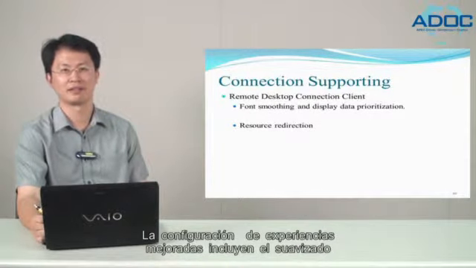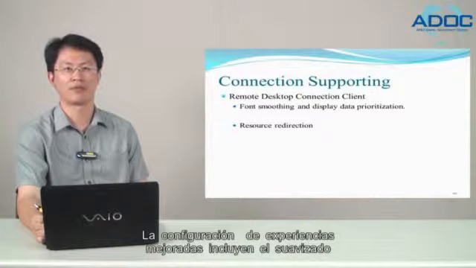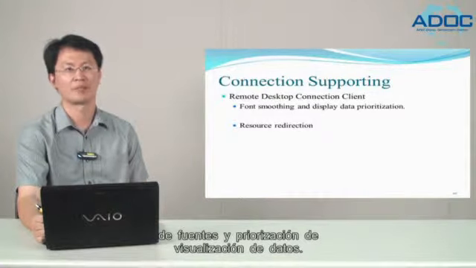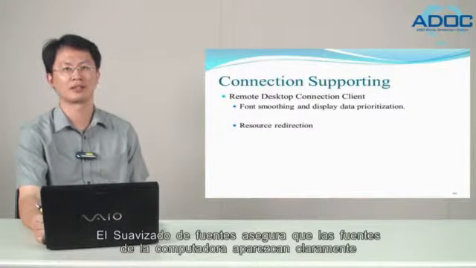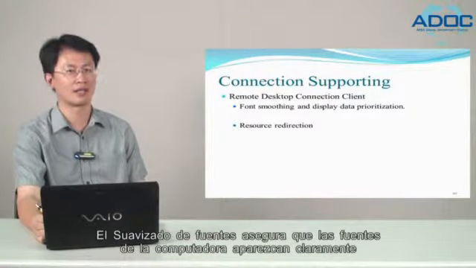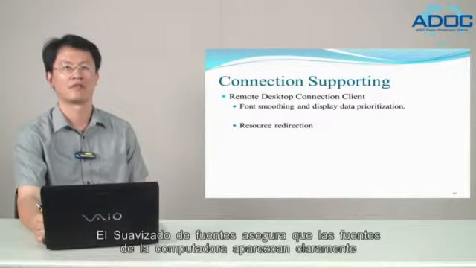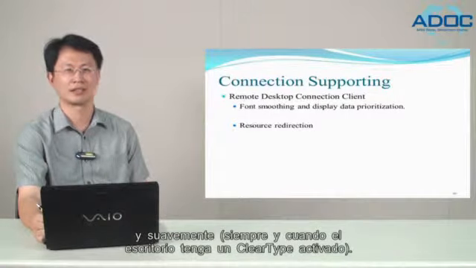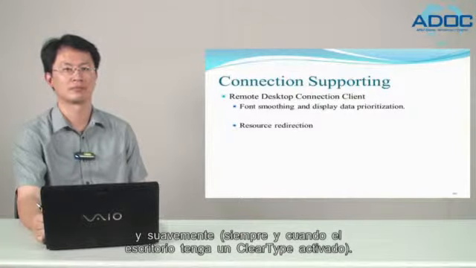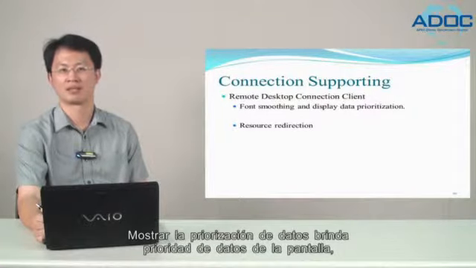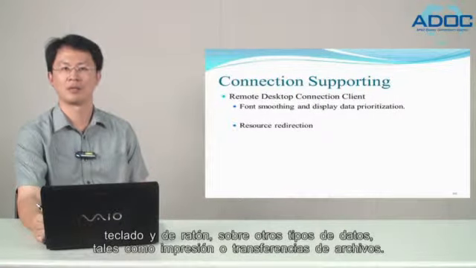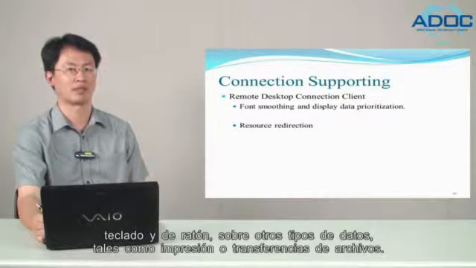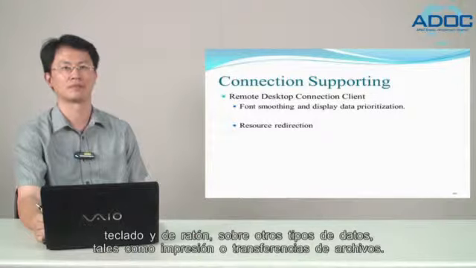Enhanced experience settings include font smoothing and display data prioritization. Font smoothing ensures that computer fonts appear clear and smooth, provided that the desktop has ClearType enabled. Display data prioritization gives priority to display, keyboard, and mouse data over other types of data, such as printing or file transfers.